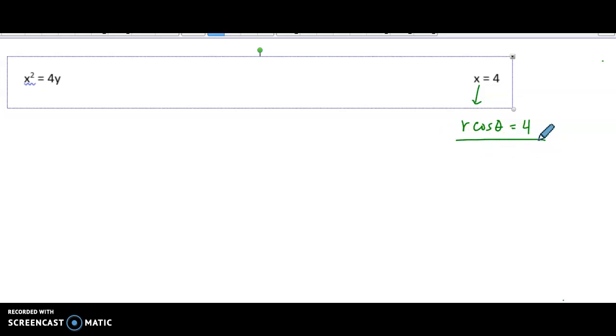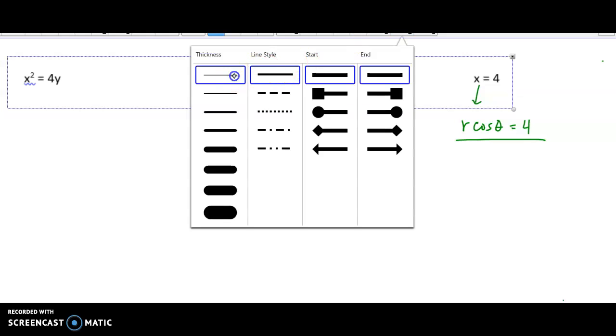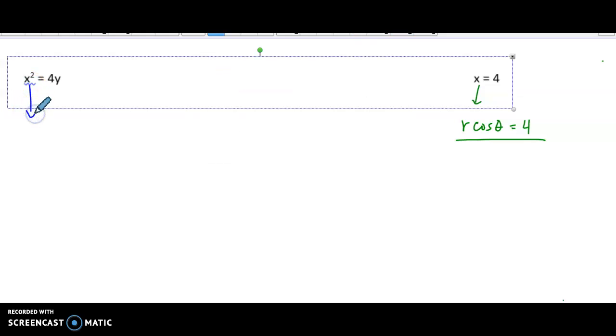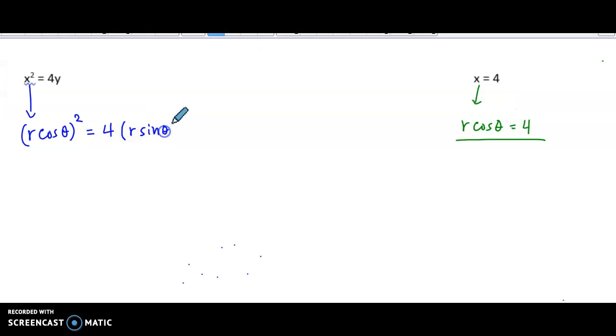Over here on the left, we're going to replace both x and y's. So now you've got to be careful. X is r cosine theta, but that whole thing is being squared, so you've got to make sure you put that in parentheses. And then equals 4, and then y is r sine of theta.